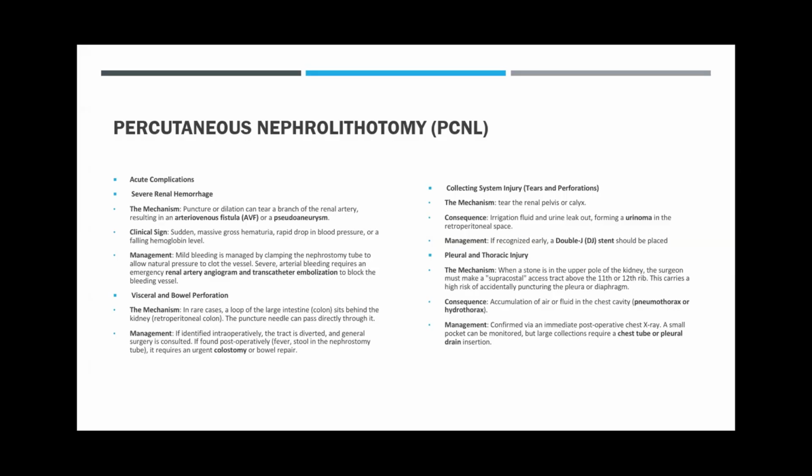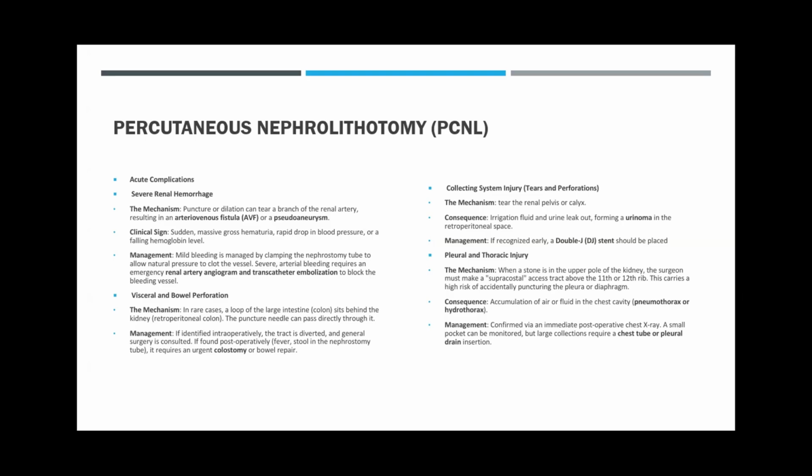And management is, when we identify it appropriately, the tract is diverted and general surgery is consulted. If post-operative fever or stool in the nephrostomy tube is found, it requires urgent colonoscopy or bowel repair.